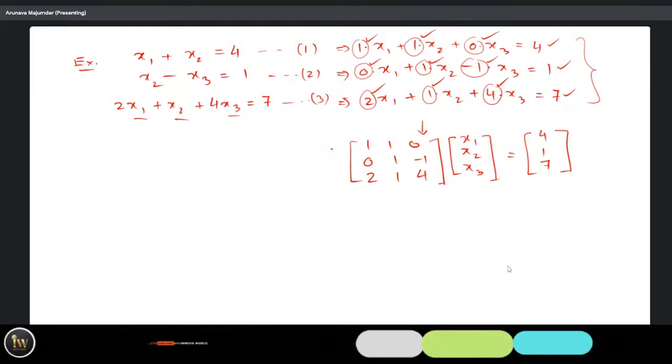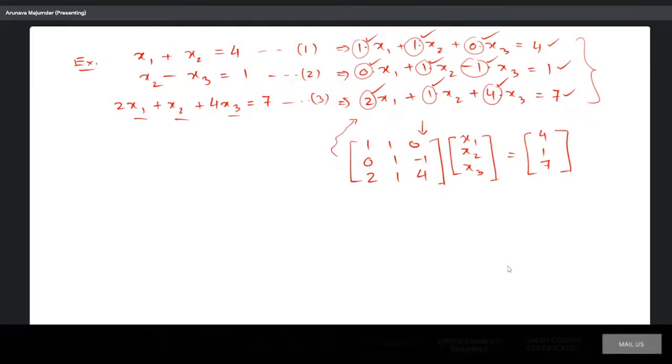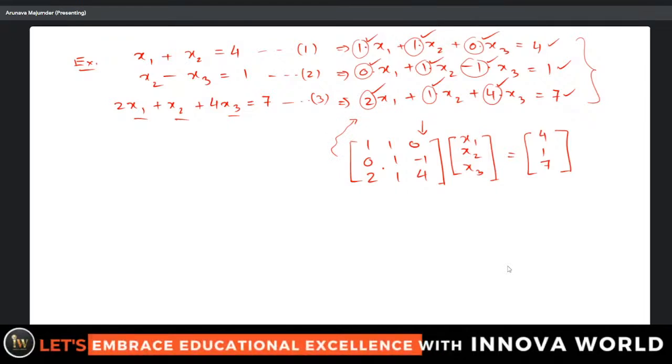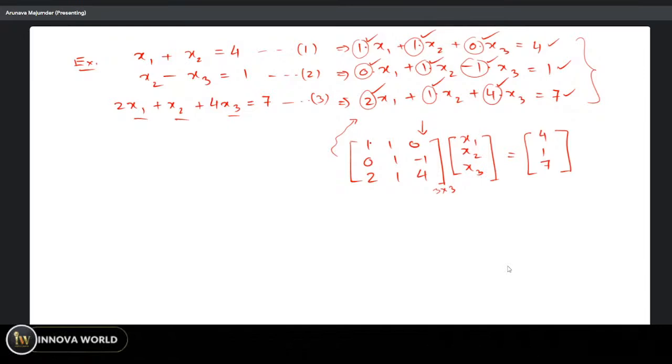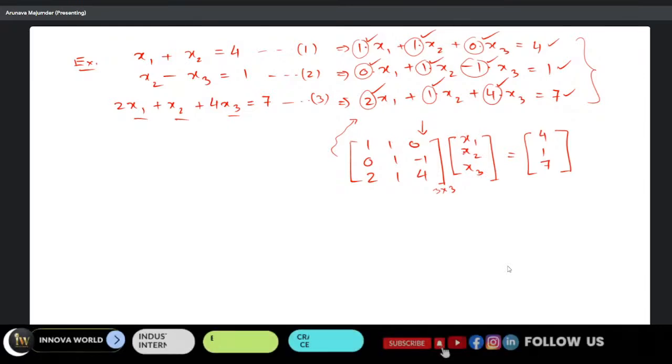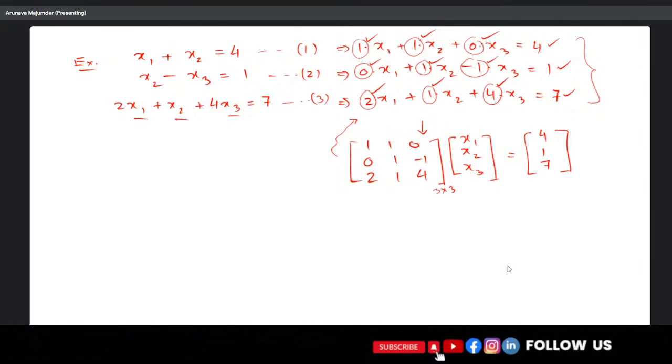So how can you go back to the previous equations? You can simply multiply. This is a 3 cross 3 matrix, and this is a column matrix x1, x2, x3. Multiply: 1 into x1 plus 1 into x2 plus 0 into x3.